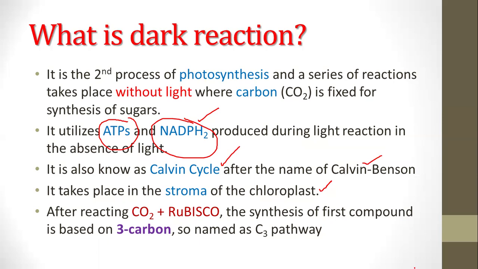It is called the C3 pathway because of the first carbon compound initially produced after the reaction of carbon dioxide and Rubisco, the 3-carbon compound 3-phosphoglyceric acid.